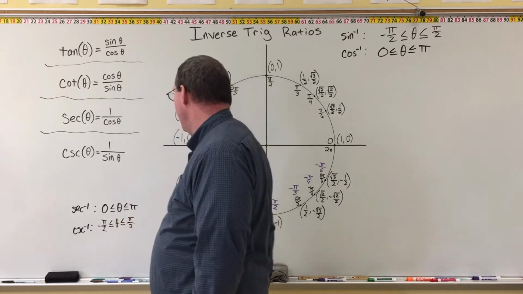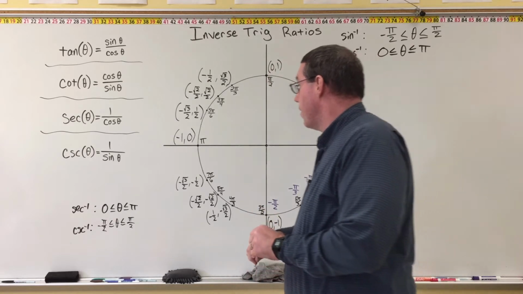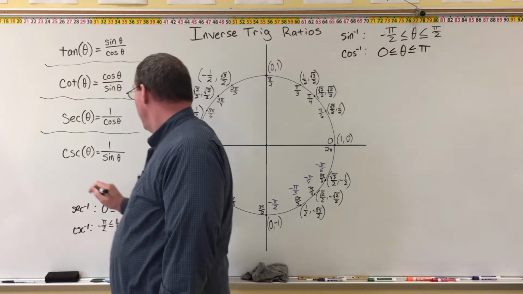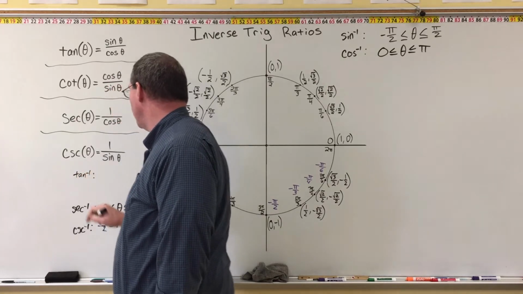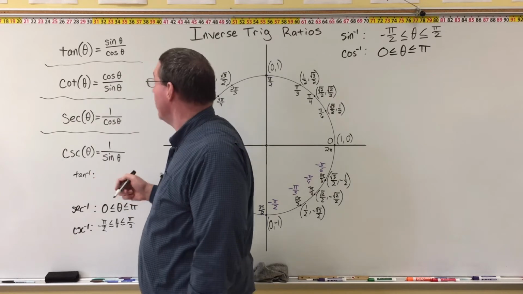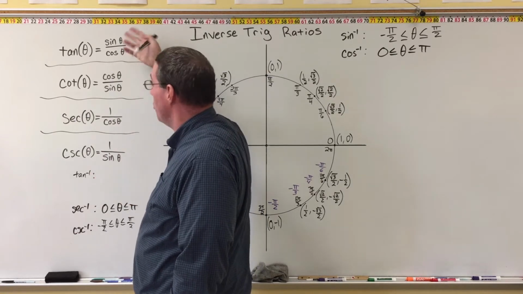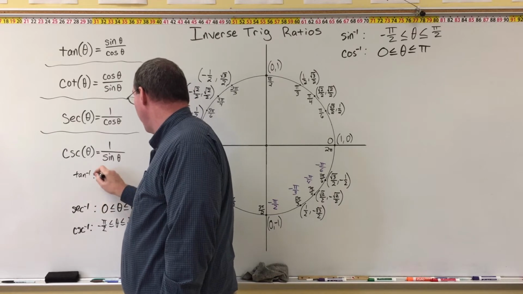Okay? And so now that just leaves tangent and cotangent. And so very simply, what has been decided for tangent is that the restriction for tangent inverse is the restrictions for sine. Basically, it's what's in the numerator, but that's just one way of remembering it.